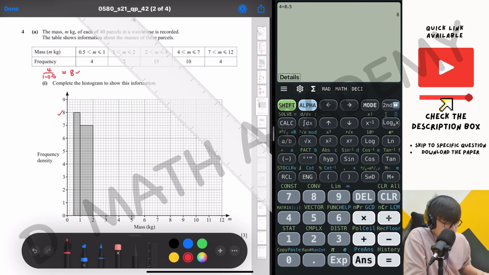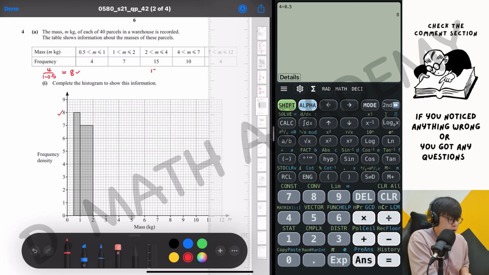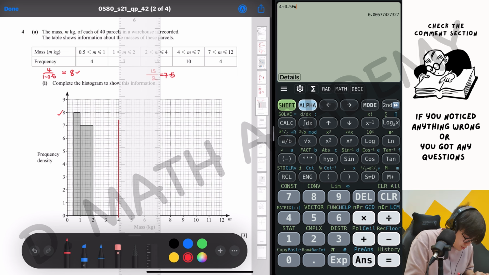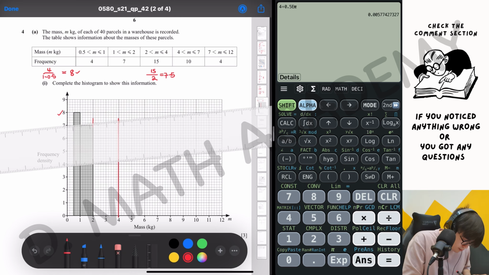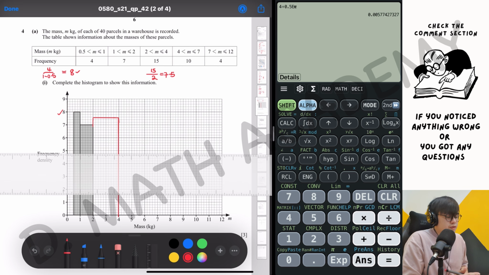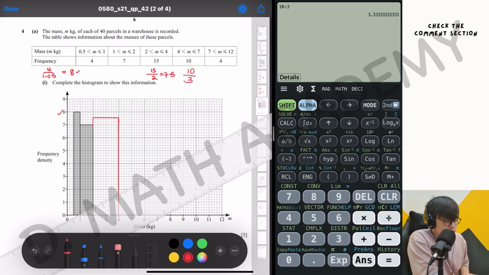So I will start with the 2 to 4 part here. We have 15 divided by 2. We should be getting 7.5 here. Okay, so this is how 7.5 looks like, and the other one is actually 10 over 3, that's approximately 3.33.